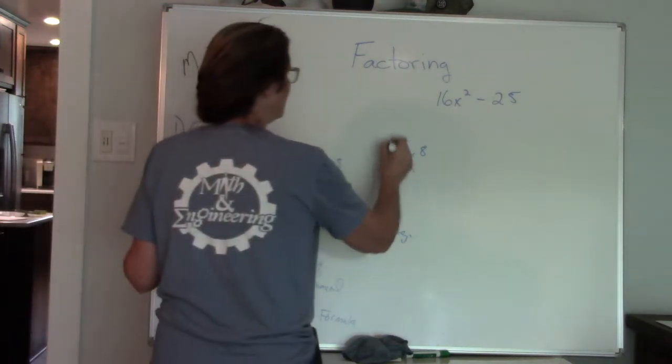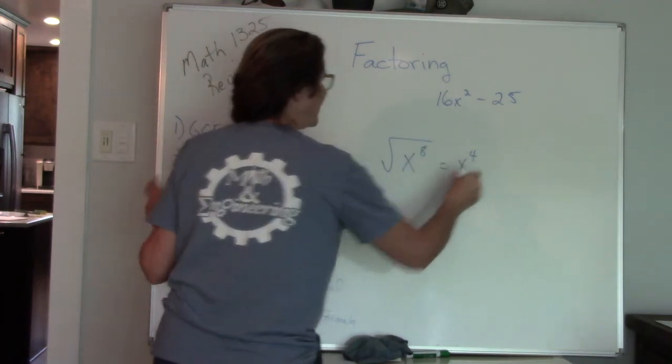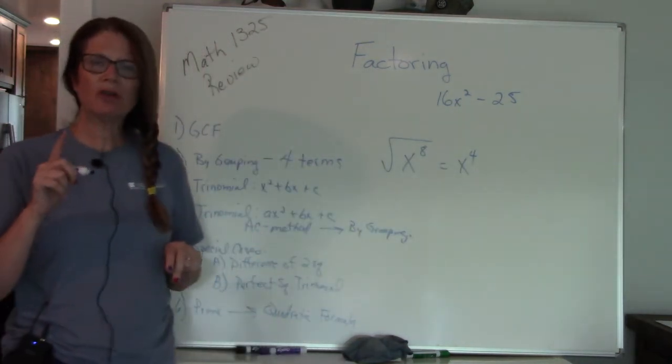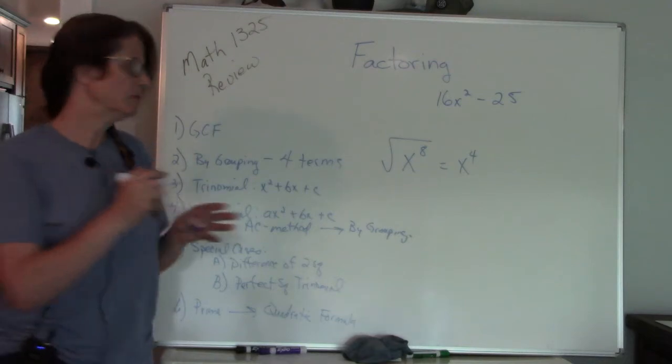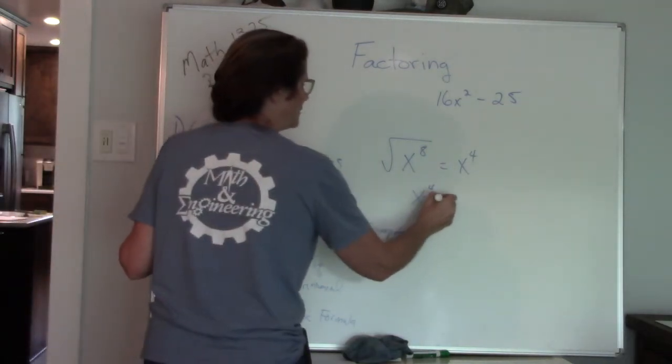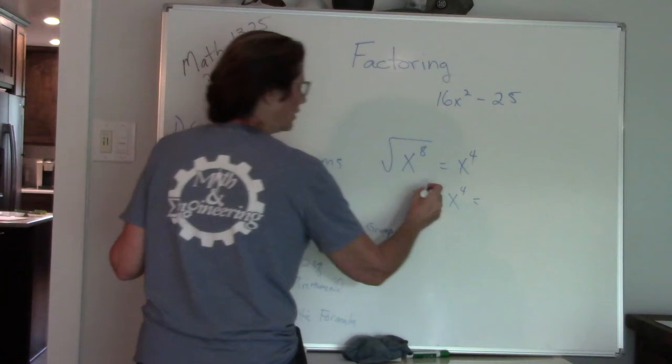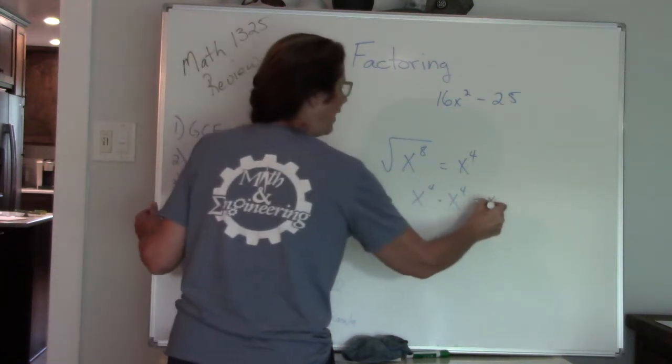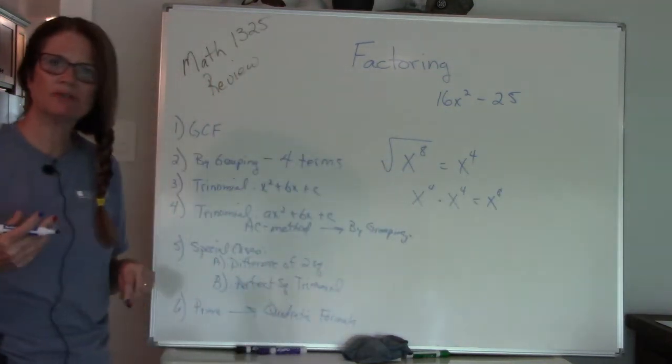So the square root of this would be x to the 4th. Because if you remember your exponent rules, x to the 4th times x to the 4th, what do you do with your exponents? You add them, which gives you x to the 8th.